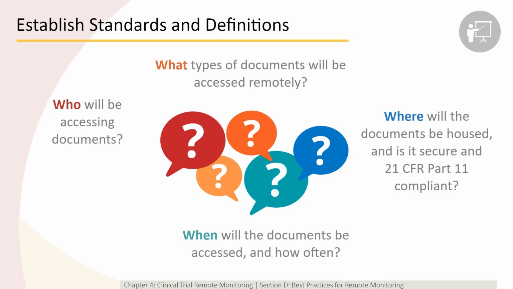When will the documents be accessed and how often? For instance, during business hours, specific days or times of the week, following patient visits, and so forth. How will the documents be accessed? Access can include logging in via a secure organization VPN, permission-based control, via cloud-managed software, and more.